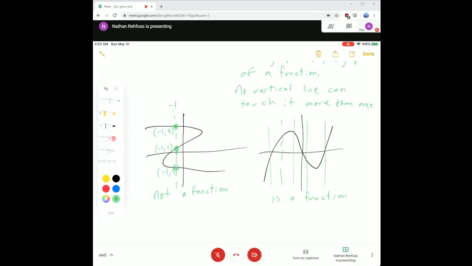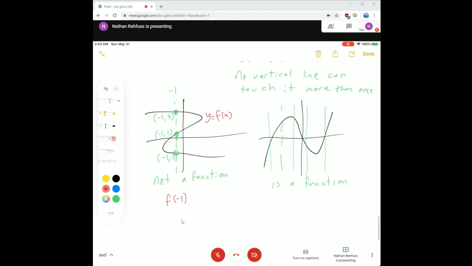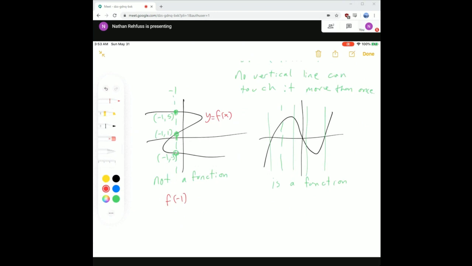Then if this were the function y equals f of x, the problem is if I write f of -1, this symbol represents the output I get when I plug in -1. So this would have to equal 1 and 5 and -3. And this is not allowed.